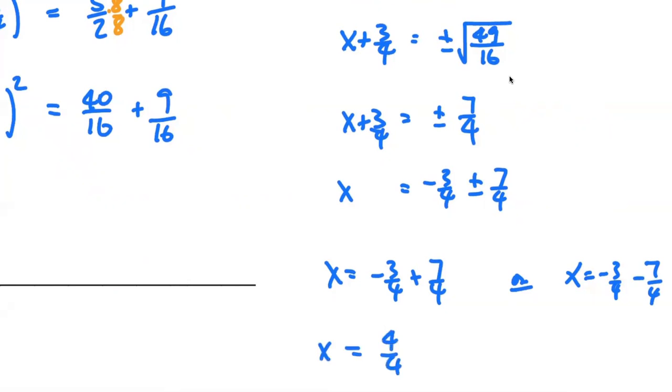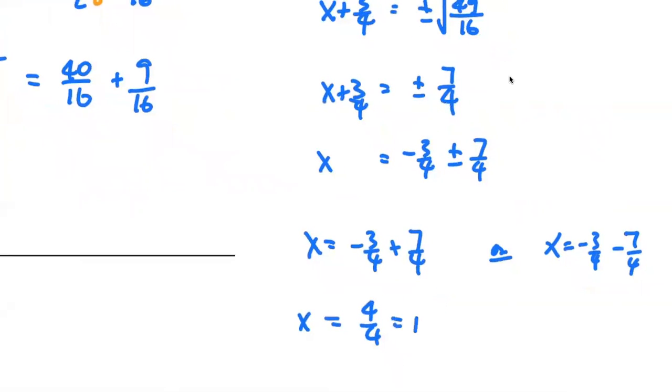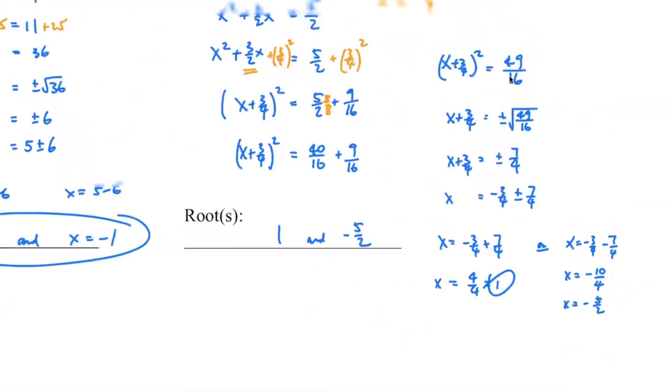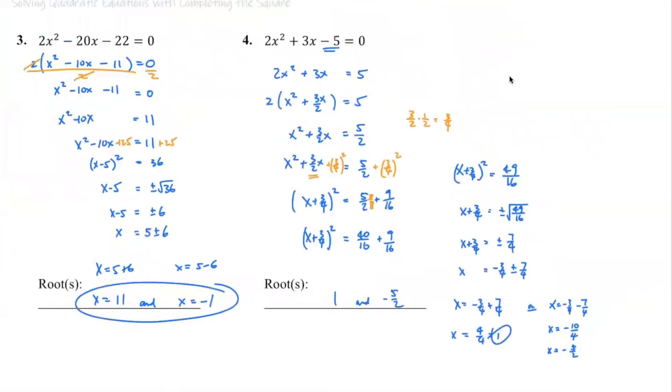So you have 4/4, which is equal to 1, which is nice. And on the other hand, you have -10/4, which you will reduce to -5/2. So you have 1 and -5/2 as your roots. They are going to make this equation true.